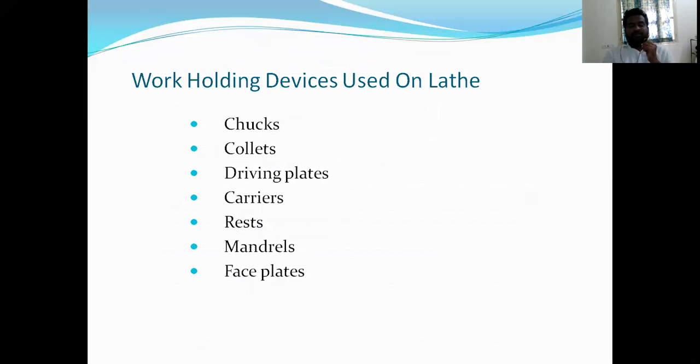In chucks, we have different types: 3-jaw chuck, 3-jaw universal chuck, 4-jaw independent chuck, magnetic chuck, mandrel chuck, drill chuck, right? In that, today we have learned the 3-jaw chuck and the 4-jaw chuck. In the 3-jaw chuck, the jaws are moved one at a time by rotating the keyway, right?